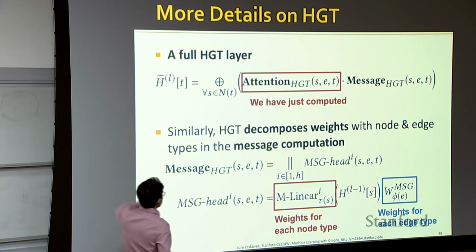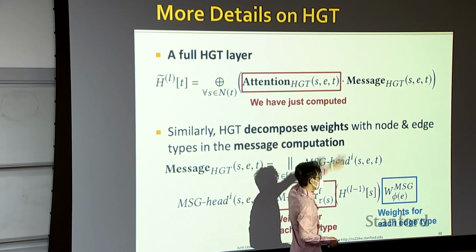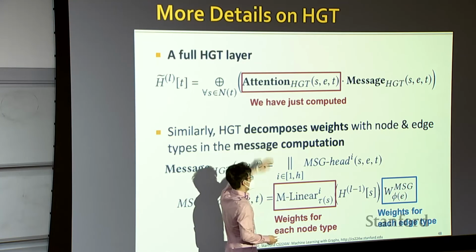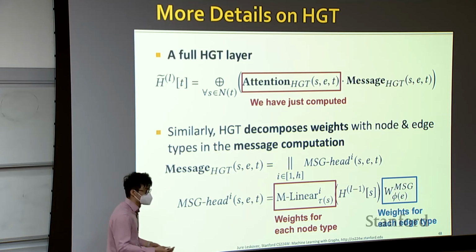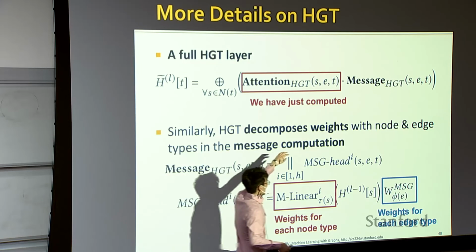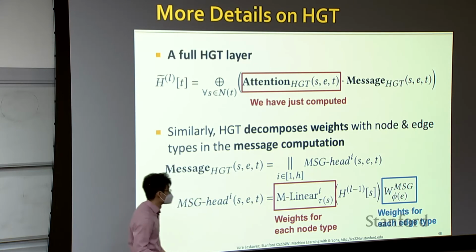And then a full HGT layer would look like this. We have the attention weights to weight different messages, and we have just computed how to score a given message based on the relation type. Similarly, we can compute the message with respect to different relation types.